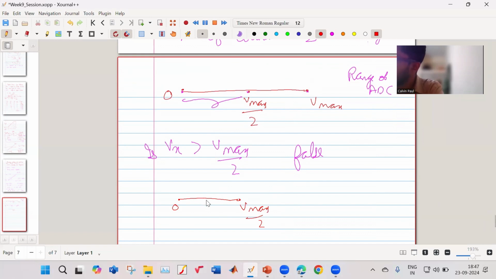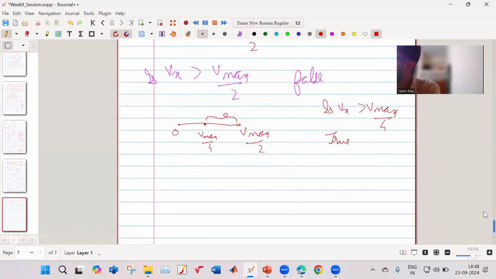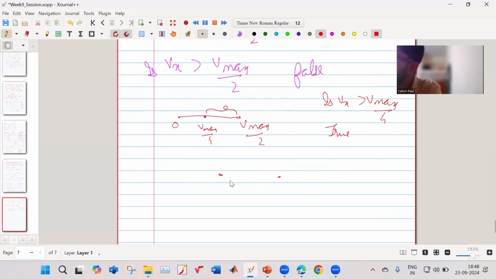Then I will check, is my Vx greater than Vmax by 4? If it comes out to be true, then I know my voltage is in this range, right? So then I will consider this range, Vmax by 4 and Vmax by 2.